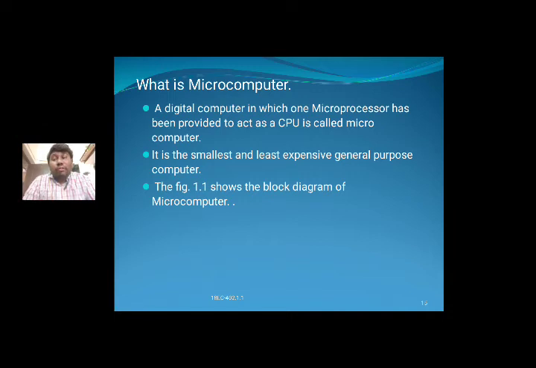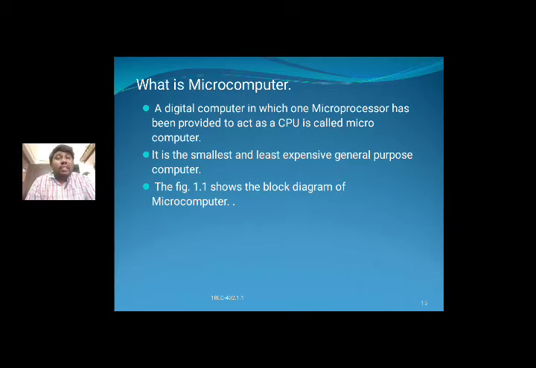If you take a digital computer having input units, output units, as well as the CPU, and in place of the CPU you use a microprocessor to act as the CPU, the computer is called a microcomputer.